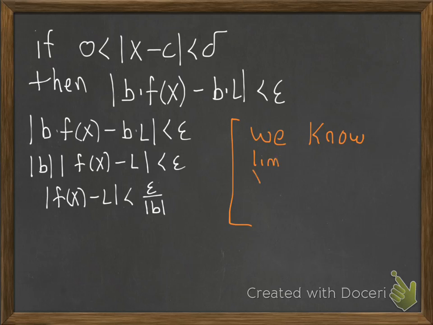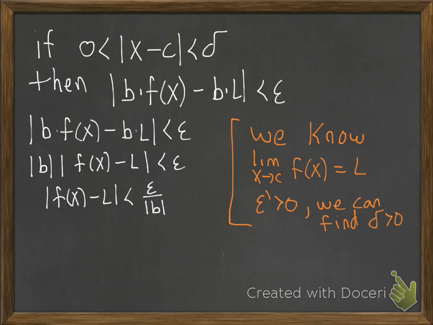We know that the limit as x approaches c of f of x is actually equal to L. So what that means is for any value you pick, I'm going to call it epsilon prime greater than 0, we can find delta such that if 0 less than absolute value of x minus c less than delta, then absolute value of f of x minus L will be less than epsilon prime.